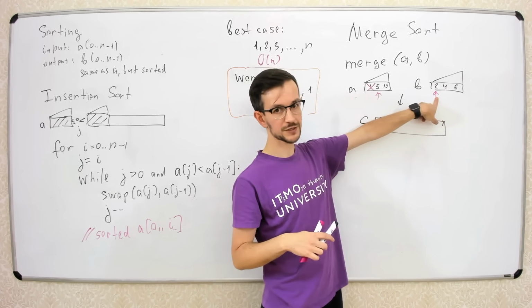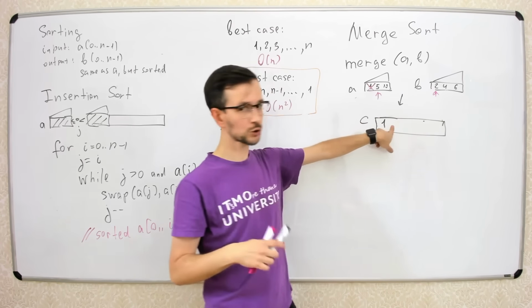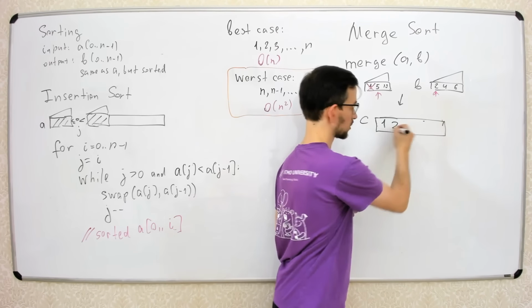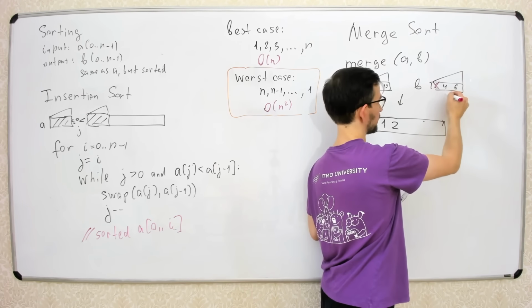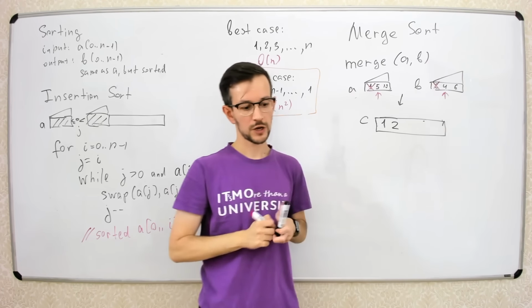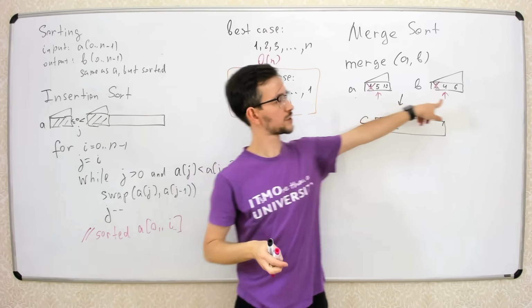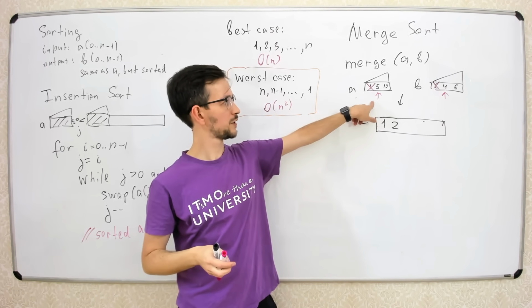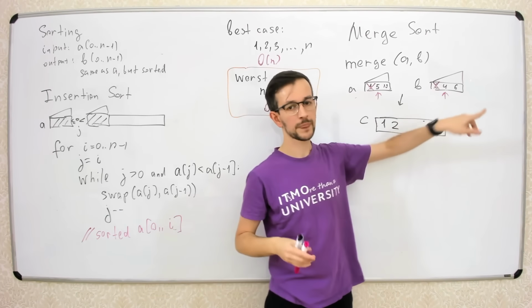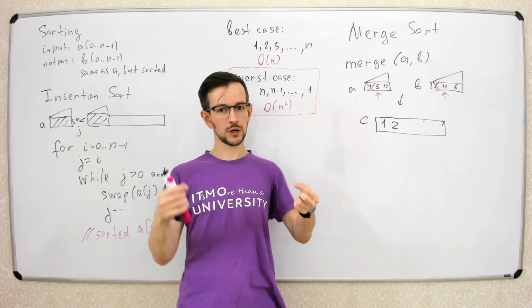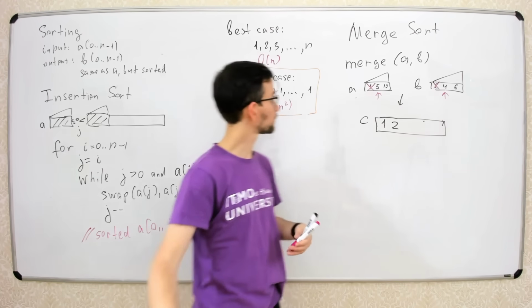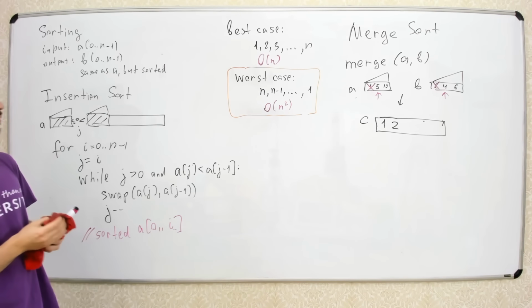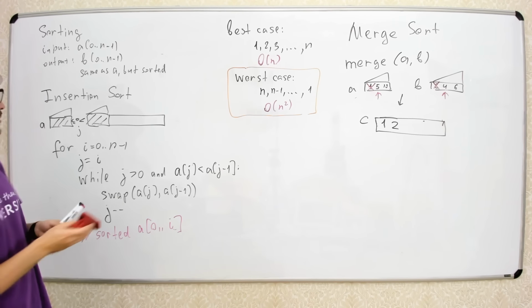We see that 2 is less, so we take this 2, put it in the second position, and remove it from the array. And so on. Each time we have one element in the first array and one element in the second array. We take the minimal element and move it to the next position in array C. And so on. Let's write the code.